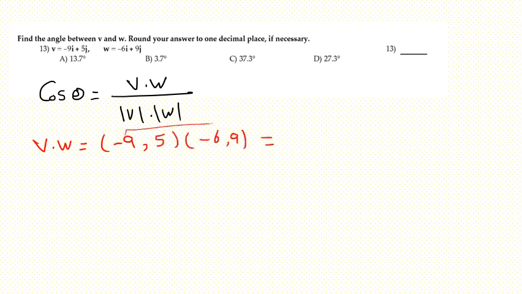So it's negative 9 by negative 6, which is 54, plus 5 by 9, 45. So it's 99.